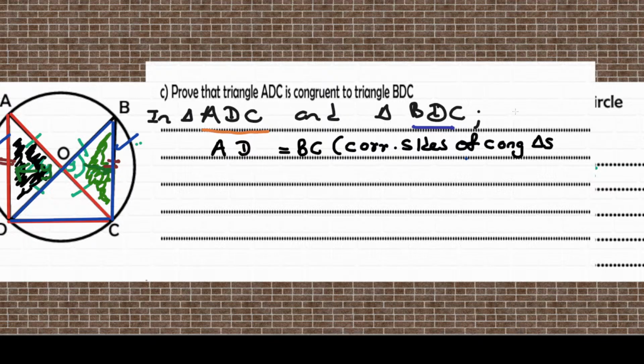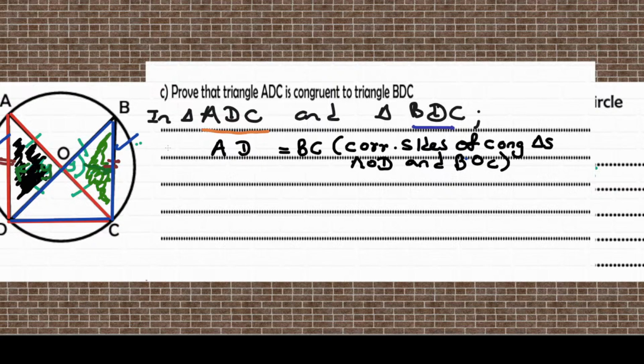Since there are multiple triangles we are dealing with, what are the two congruent triangles? It's not AOC, rather, corresponding sides of congruent triangles AOD and BOC. We are looking at the smaller ones.